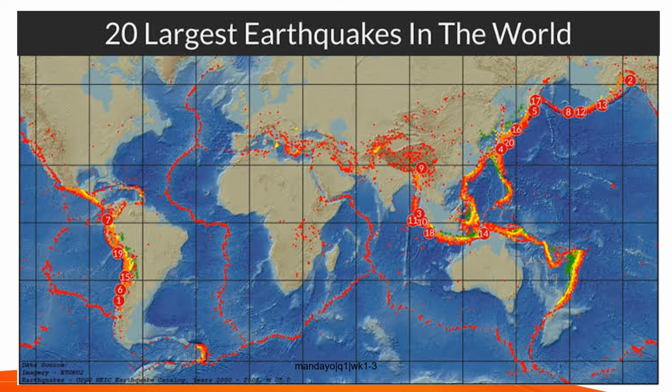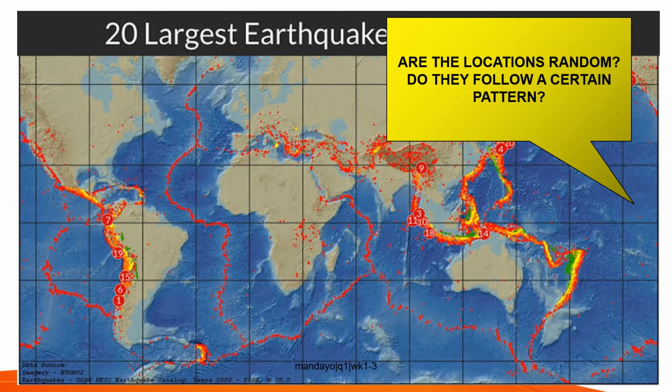The 20 of the most destructive and strongest earthquakes are numbered from 1 to 20. What can you say about the locations of these earthquakes? Are the locations random? Do they follow a certain pattern?